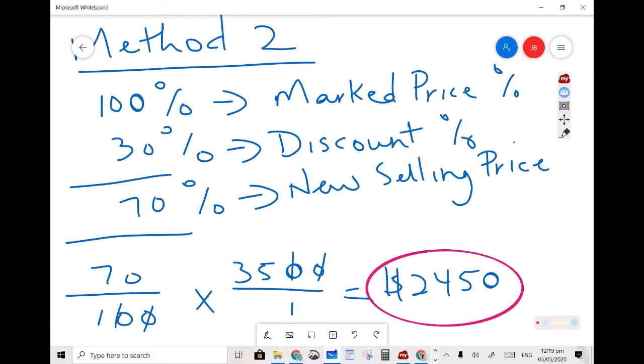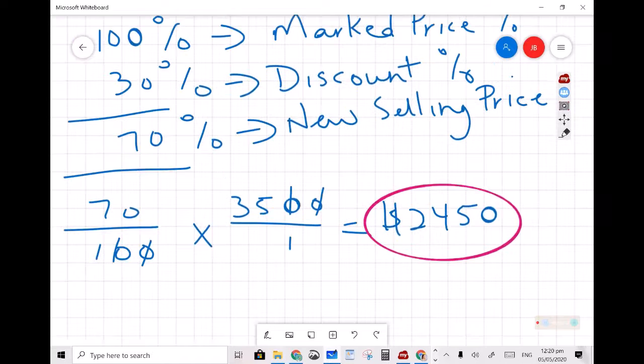Our marked price is always 100%. Marked price or cost price is always 100%. This is an important thing for students to remember, to learn, to understand, and to memorize, that your marked price or your cost price is always 100%, right? Your discount was 30%, so our new selling price would be 70%.